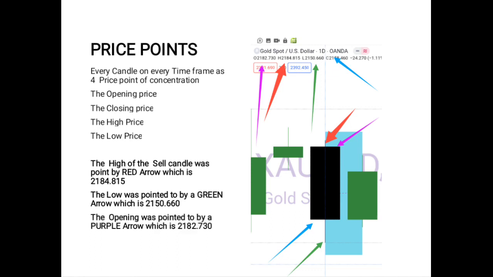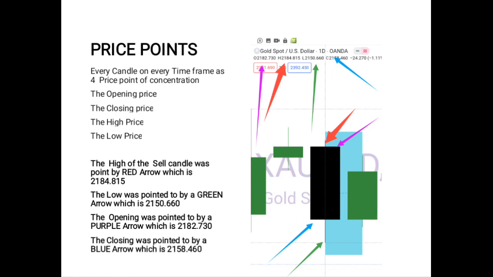The opening price, it was a down close candle. That tells you that it will open above, which was pointed to by a purple arrow. The digit comes in at 2182.730. Why? Because we will have the closing to be below.